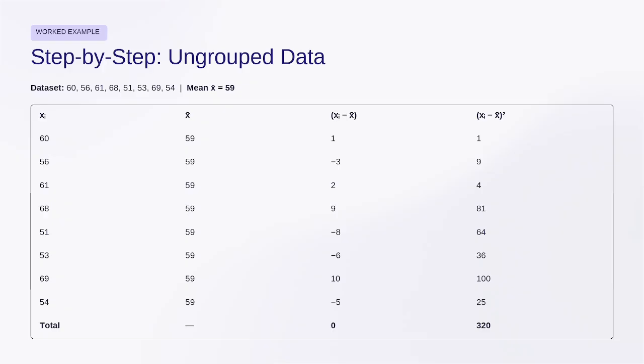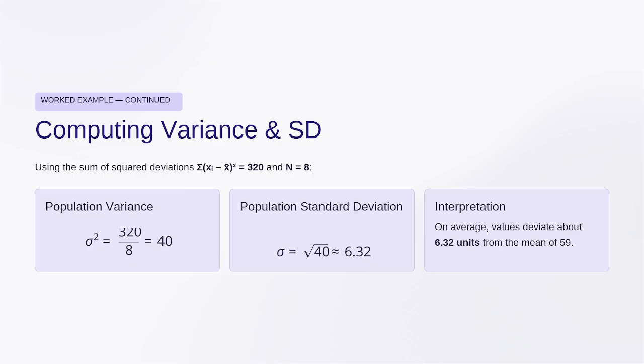Now square the deviations. That is 1 squared is 1, minus 3 squared is 9, 2 squared is 4, 9 squared is 81. Similarly for all the data set, we add up all the squared deviations and we get 320. So let us find variance.